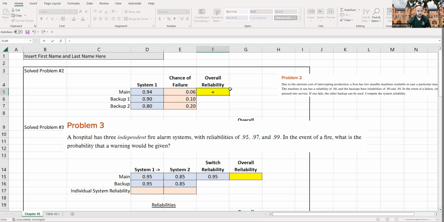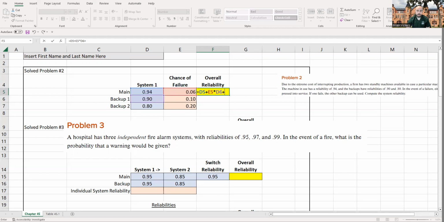So we have a main system, that's the base reliability, 94%. We're going to add a little bit to it because we have redundancies. I get to add the chance that backup 1 is needed. Backup 1 is only needed if the first one fails, so 6% of the time, I get an extra 90% chance. So start with 94% and then add to it 6% times 90%.